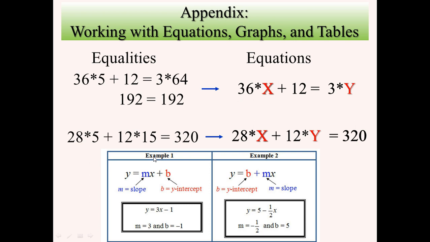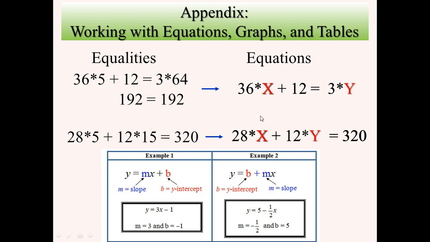I have the other examples, example 1 and example 2. Look at example 1: y equal to m multiplied by x plus b. We don't know any of them: we don't know y, m, x or b, because this is what we call a general equation, not specific.